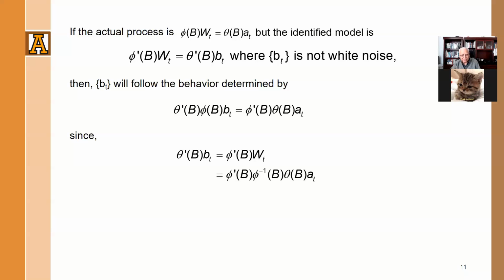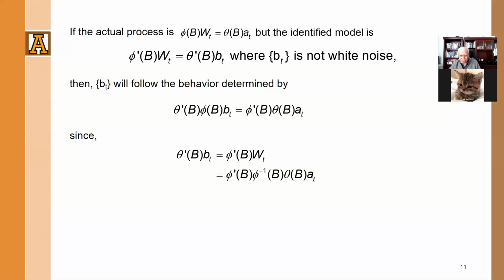No, it's not drawing on the screen. But anyway, this is the model for b_t, a model where the residuals are really white noise. And so for the correction, we just express b_t as phi prime of B theta of B times theta prime inverse phi of B inverse applied to a_t. We replace that in this equation, and we know how to correct the model.